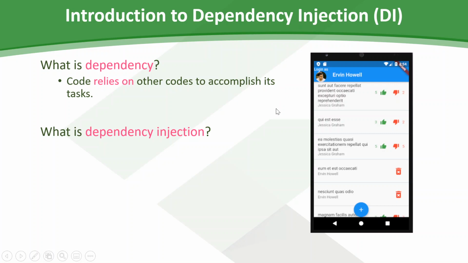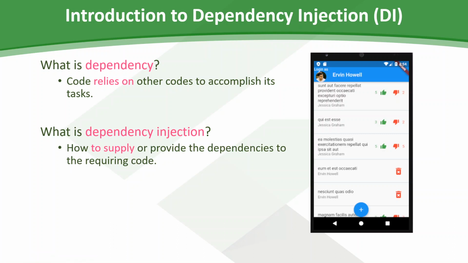Then what is dependency injection? The keyword here is injection. Dependency injection is basically how to supply or provide the dependencies to the requiring code. For example, how we provide this user information, how we provide the list of to-dos, and how we provide the service for doing the voting here, this like and dislike.